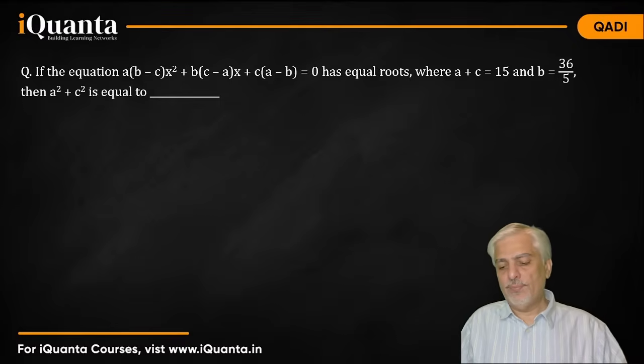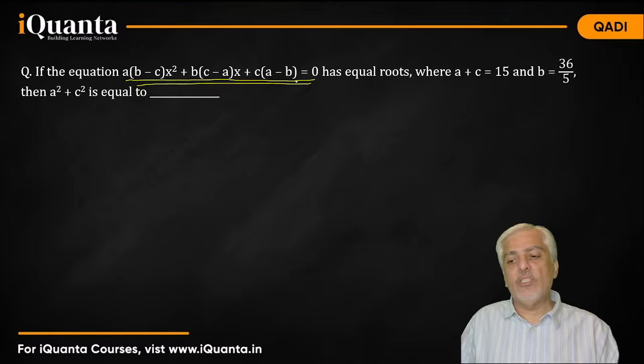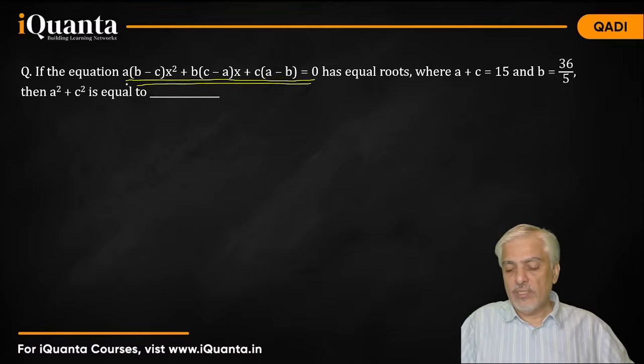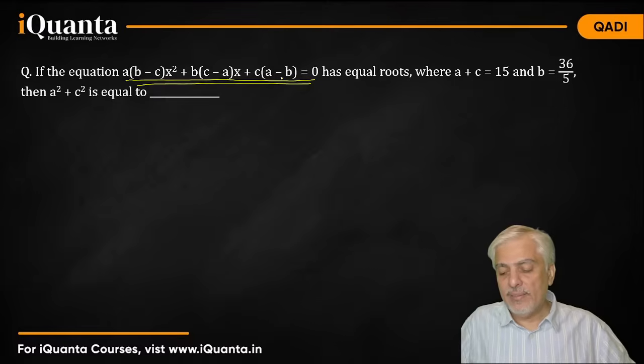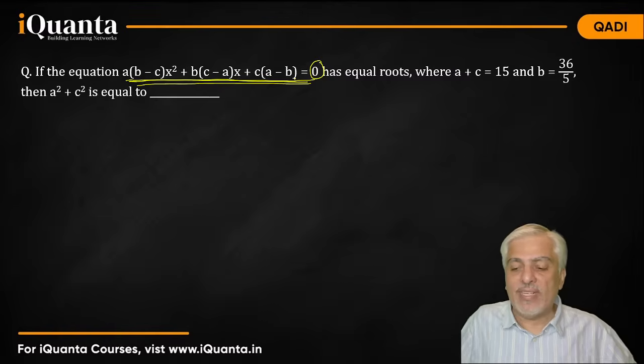How do you do this question? If you look at this, the first part will have you work on the logic for the root of this equation. Just think without the x. If you notice, this is AB minus AC. This is BC minus AB. This is CA minus AB. The answer has to come 0. So what is the only possible value of x? If I want this answer to come 0, what is the only possible value of x? Can you tell me?